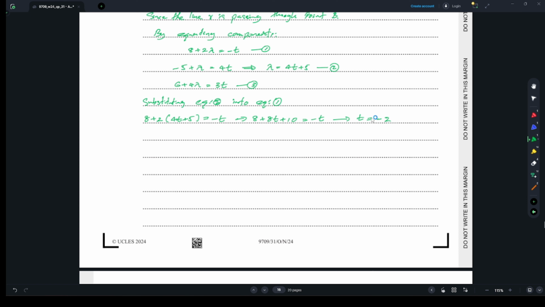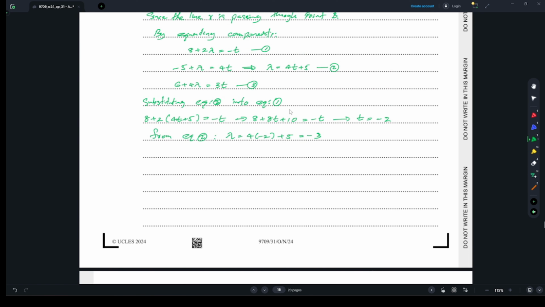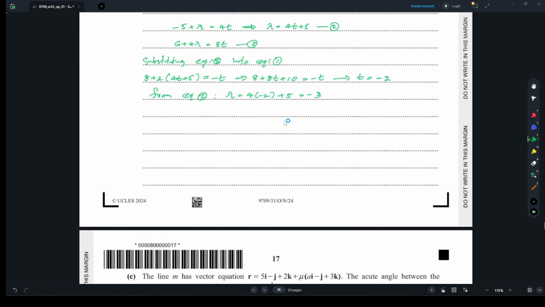Then I can take from equation 2, lambda equals 4 times minus 2 plus 5, which equals minus 3. Then we will check with equation 3 whether they are satisfied.